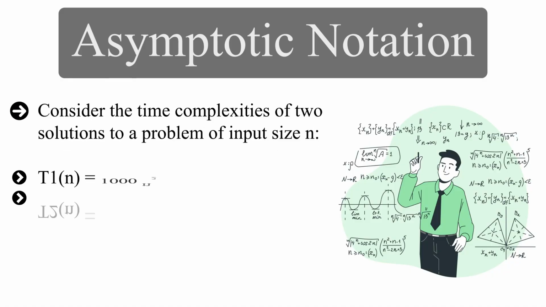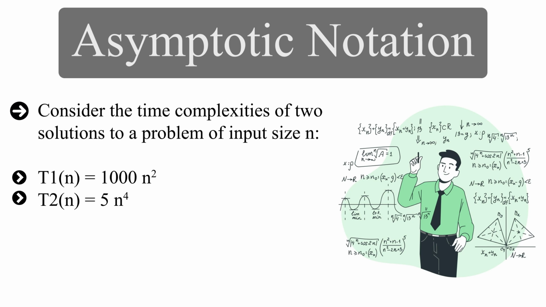So if I consider two solutions whose complexities are given, and they are solutions to the same problem of size n, then how can we compare these two solutions?